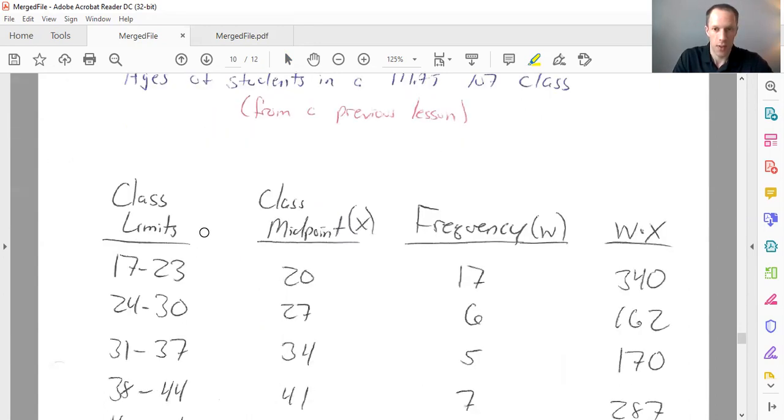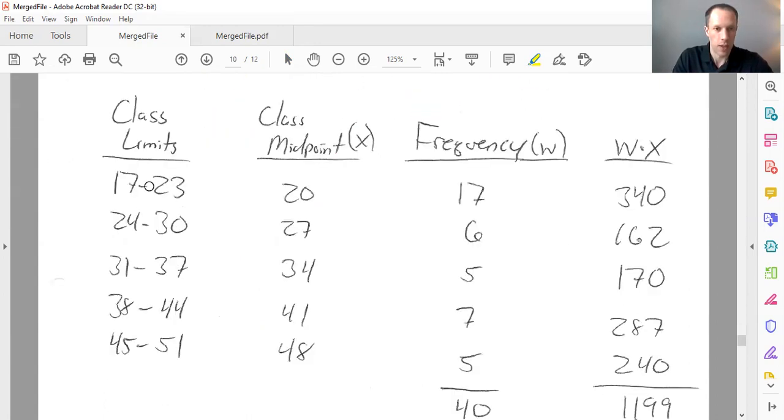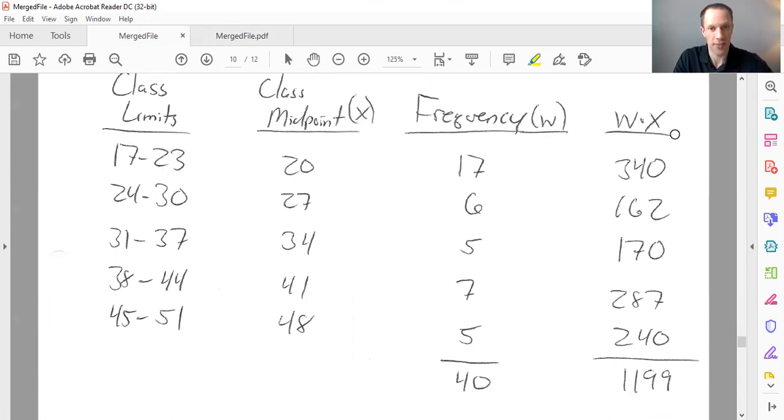Okay, so here's our frequency distribution. Remember our class limits and our class midpoints and our frequencies. We calculated those in the previous video. If you want to estimate the mean of your data set using this frequency distribution, treat the class midpoints as the X values and the frequencies as the weights. And then just multiply each weight with the X value.